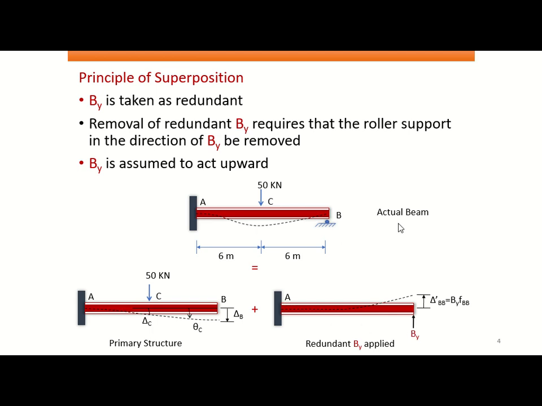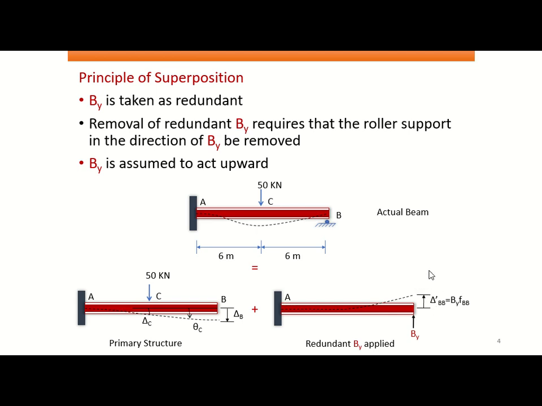After that, there is the actual beam, the primary structure, and the redundant By applied. You must draw these 3 diagrams: actual beam, primary structure and secondary structure with the redundant applied. We apply By vertically, so the bending goes upward, giving delta B.